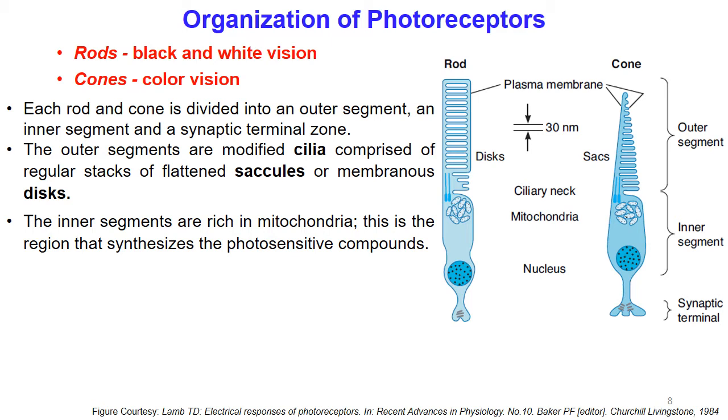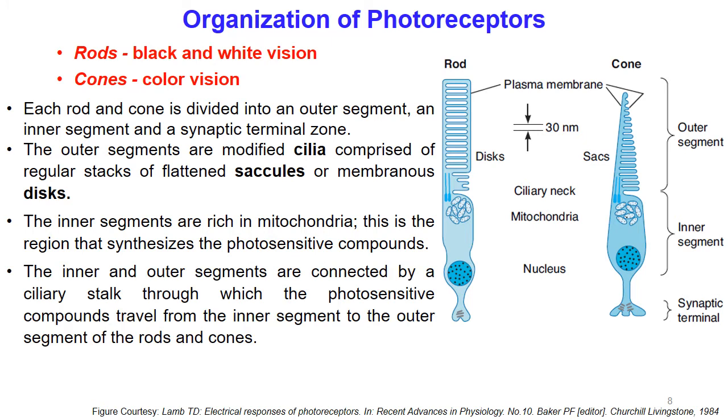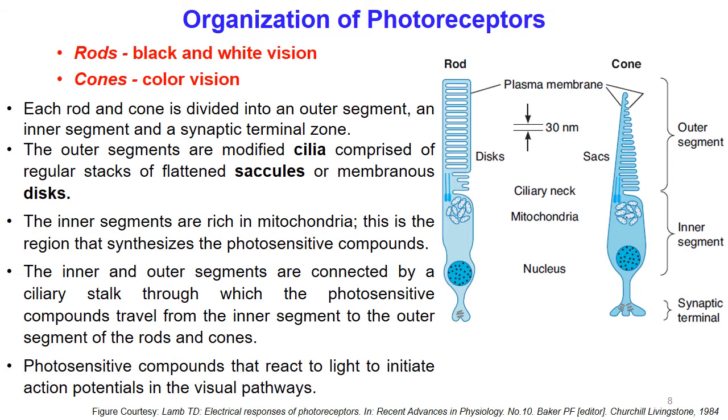This is a region that synthesizes the photosensitive compounds. The inner and outer segments are connected by a ciliary stalk through which photosensitive compounds travel from the inner segment to the outer segment of the rods and cones. Photosensitive compounds react to the light to initiate action potentials in the visual pathways.